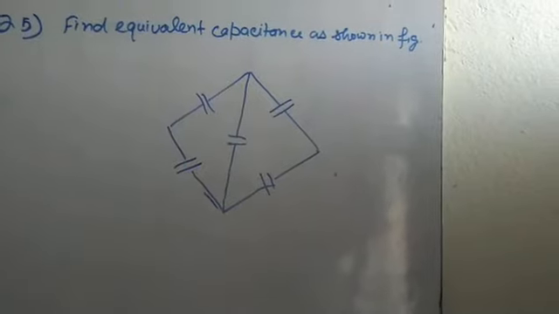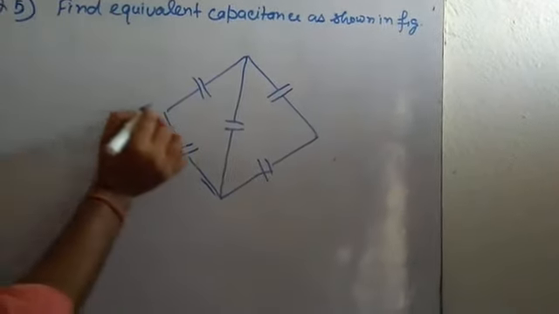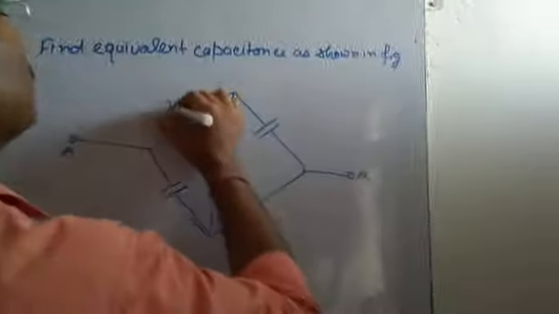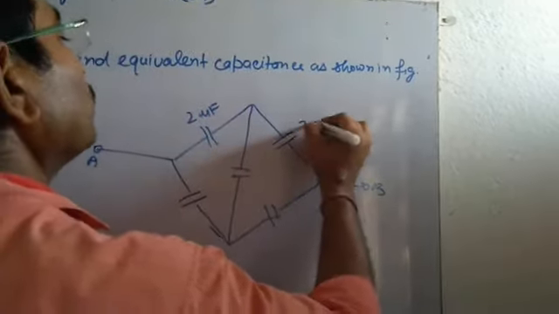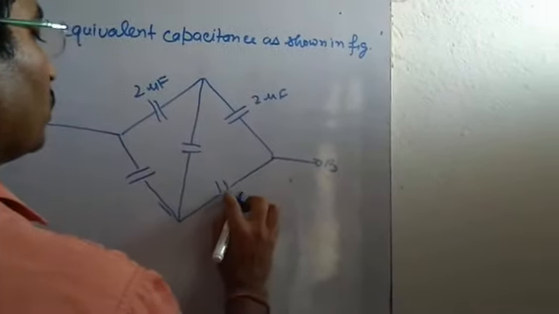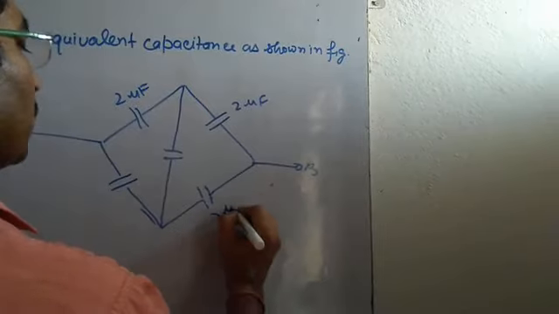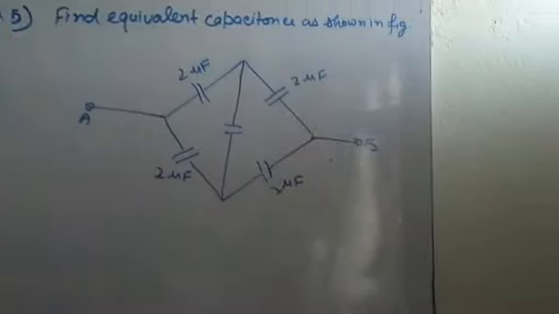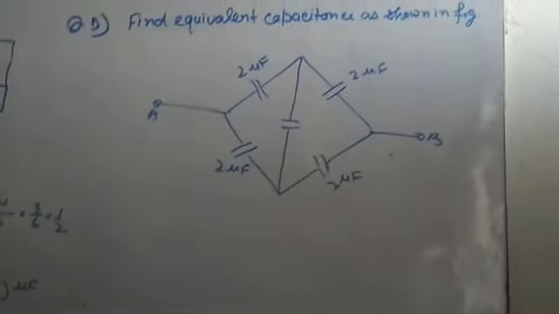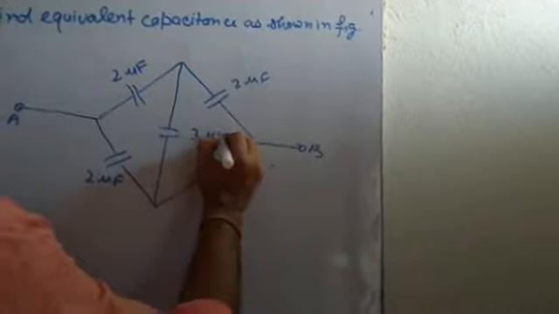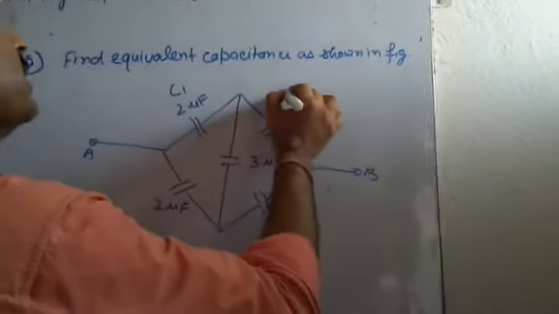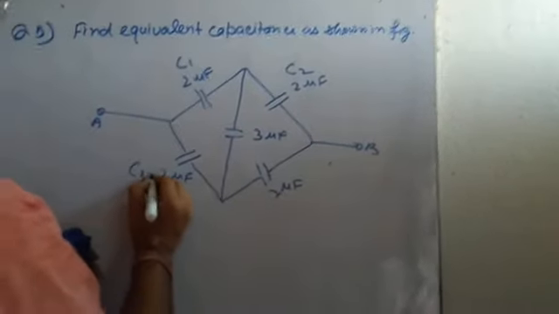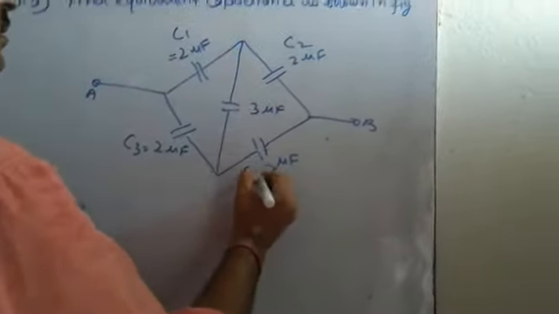Figure: 2 microfarad, A, B, 2 microfarad, 2 microfarad, 2 microfarad, 2 microfarad, and this is given 3 microfarad. Take this C1, take this C2, take this C3, and C4.